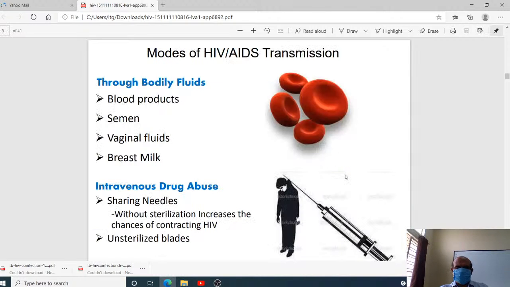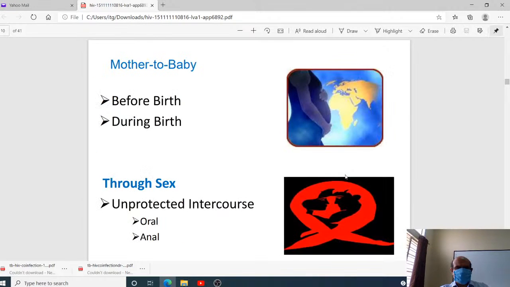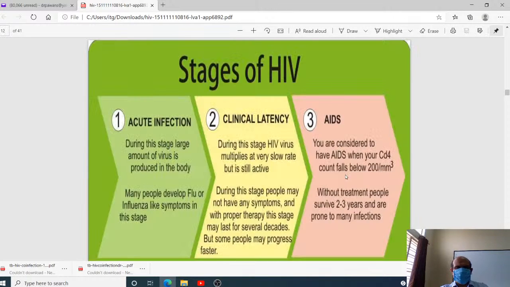Okay, this is the life cycle of the virus. Mode of HIV transmission: we already discussed this.